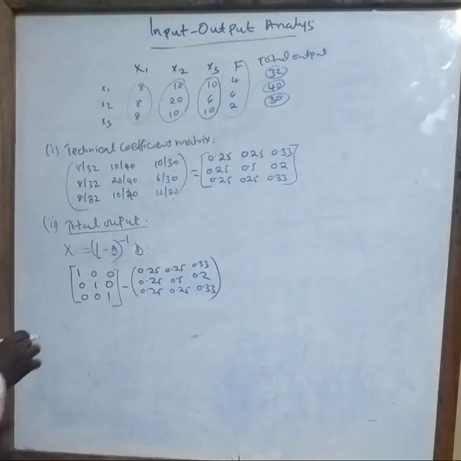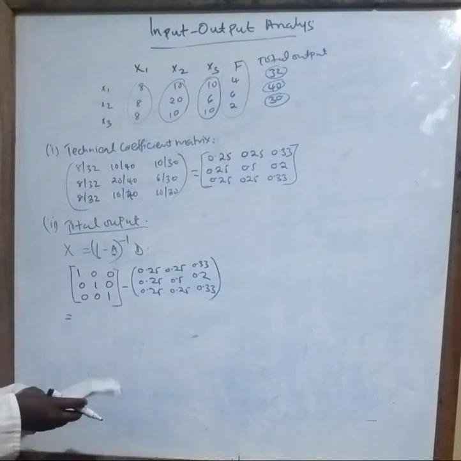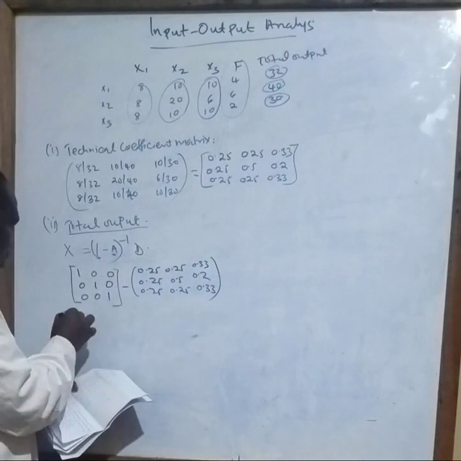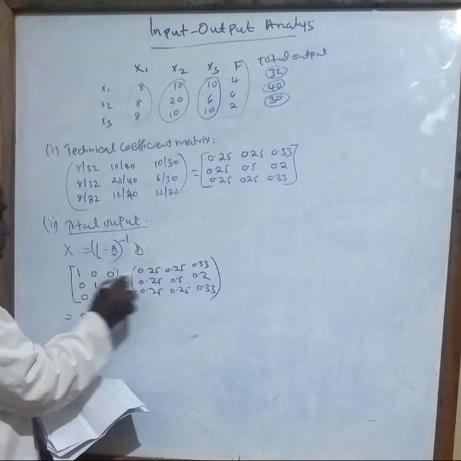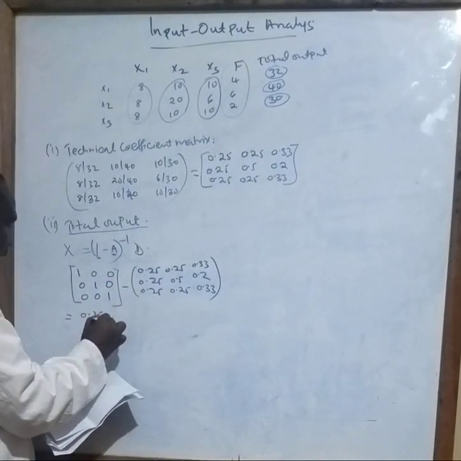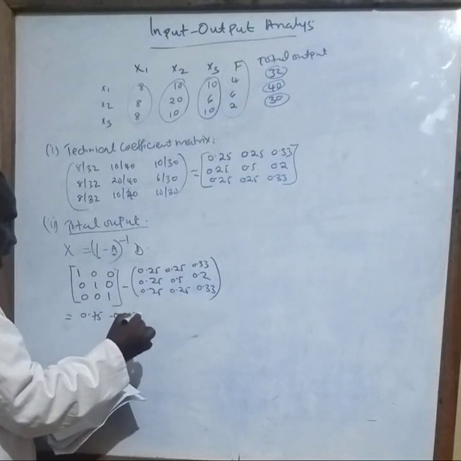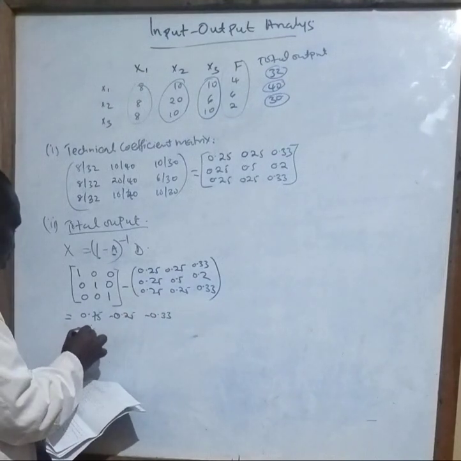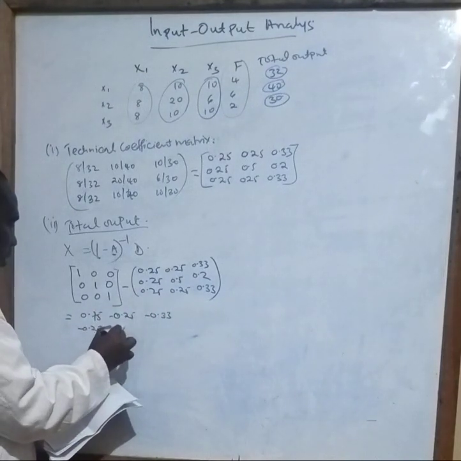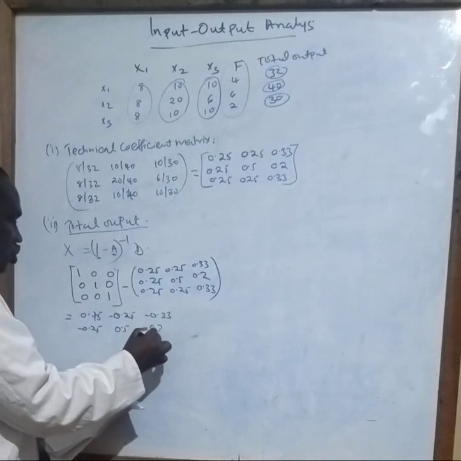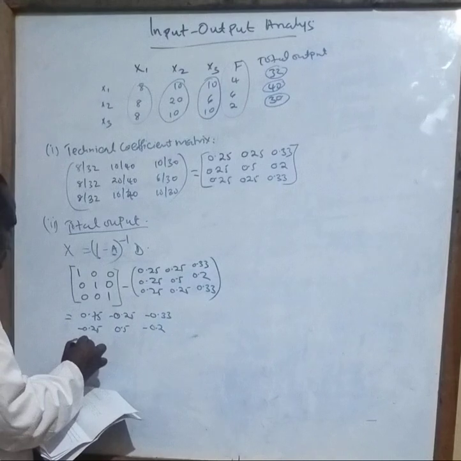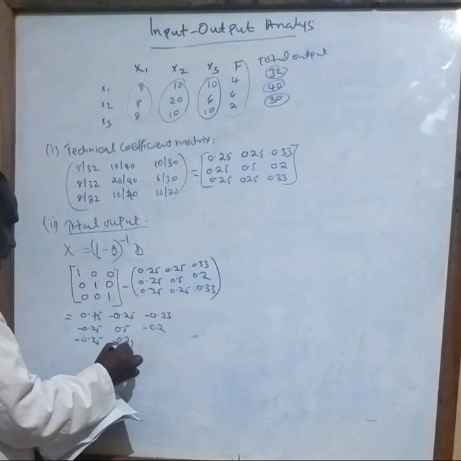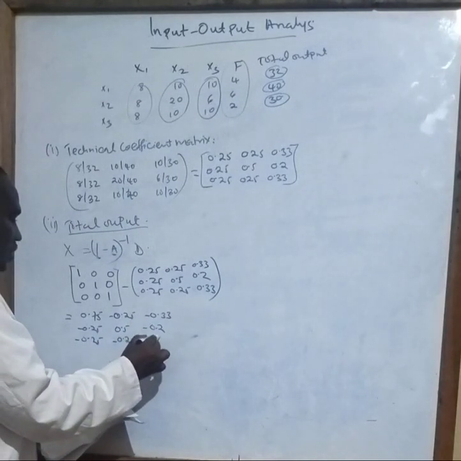When you subtract, 1 minus 0.25 gives 0.75. 0 minus 0.25 gives negative 0.25. Another one is negative 0.33. Then negative 0.25, then 0.5, negative 0.2. The last row is negative 0.25, negative 0.25, and the final is 0.67.